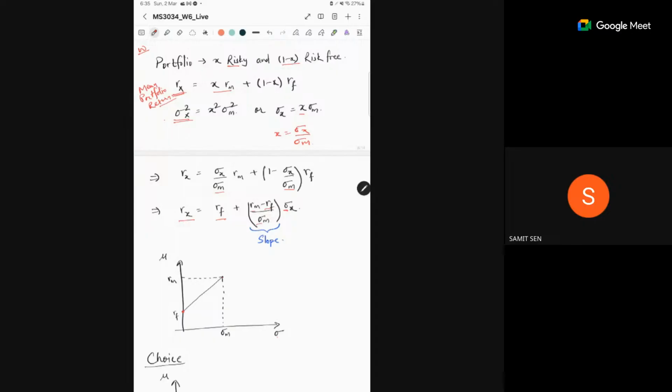And the second point is when sigma x is equal to sigma m. If that is the case, then Rx becomes Rm. So this is the second point. The first point is the risk-free asset, and this is the risky asset.